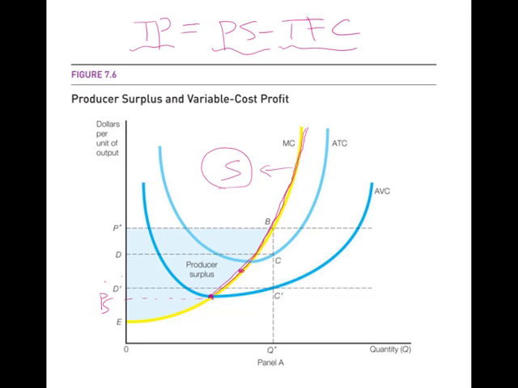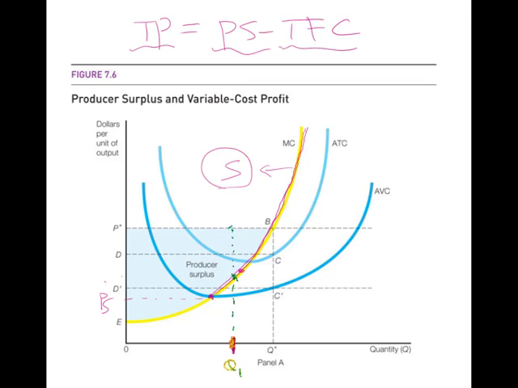There is one way to interpret the supply curve. For example, let's say you produce this amount of output, call it Q1. Then you have to pay additional, or marginal, cost up to here, right? But when you produce and sell that unit of output, you collect the market price P star.